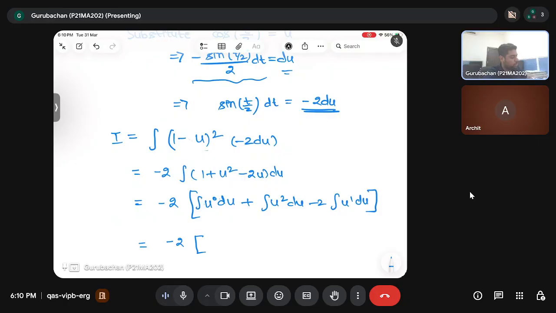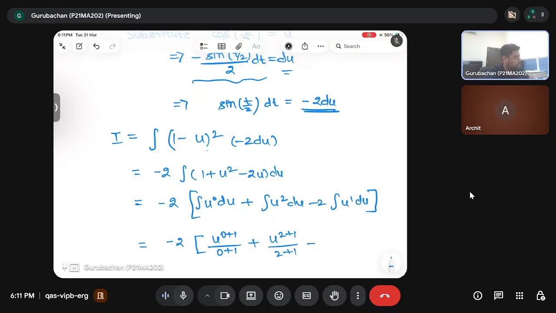You remember the rule of this integration: u to the power n gives u to the power n plus 1 divided by n plus 1, until and unless this power is equal to minus 1. So we get u, plus u cube divided by 3, minus u square divided by 2.